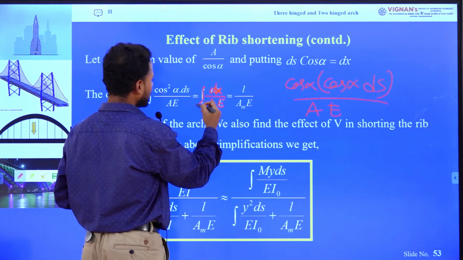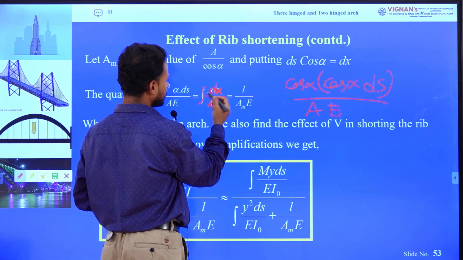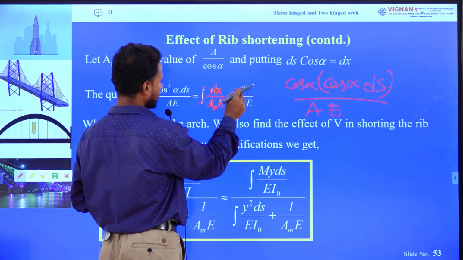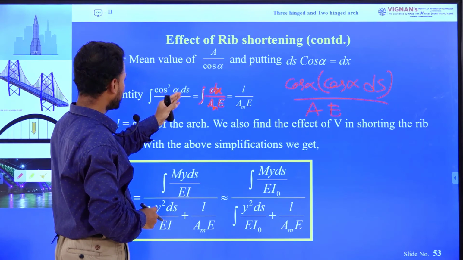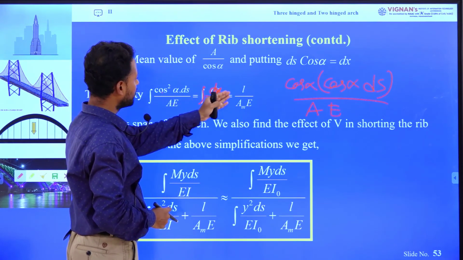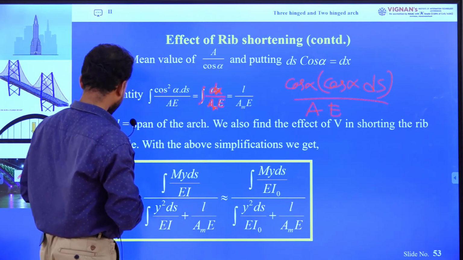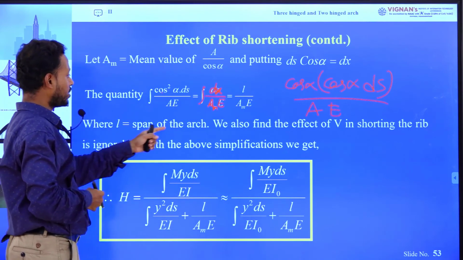So summation of all small parts of the arch will give the total span of the arch, that is L. So I have quantified integration cos square alpha ds by AE equals L by AME, where L is the span of the arch.